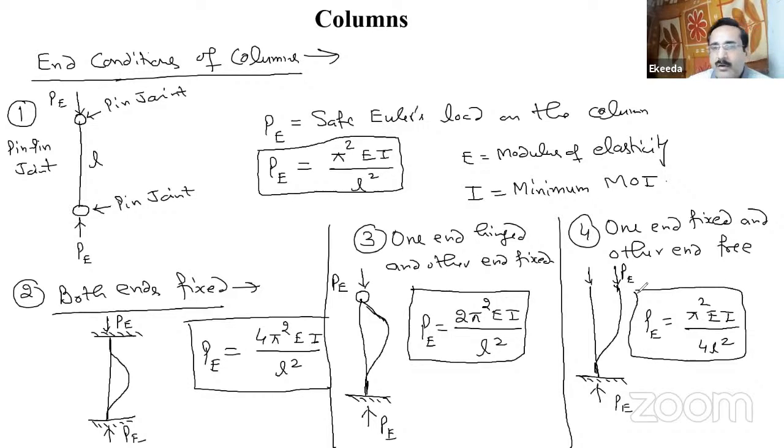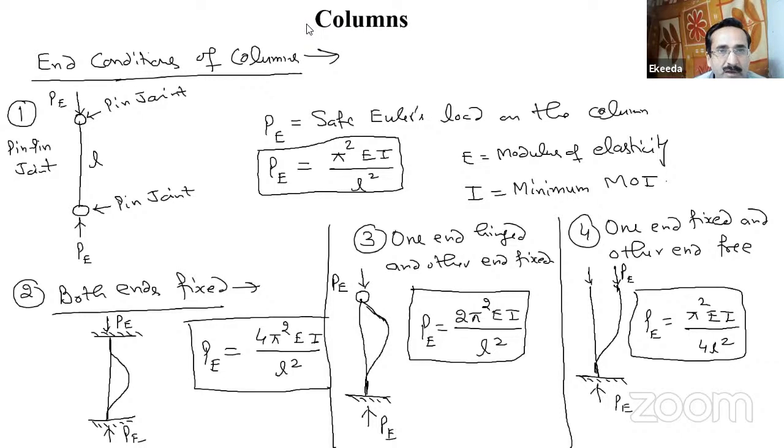If you combine all, you can see there is some symmetry in Euler's load. Pi square is in every equation, EI is in every equation, L square is also in every equation. There are some constants varying depending on the end conditions, whether it is fixed or a hinge joint. So we can take the reference of the pin joint, or both ends hinged, and define the equivalent length of the columns.